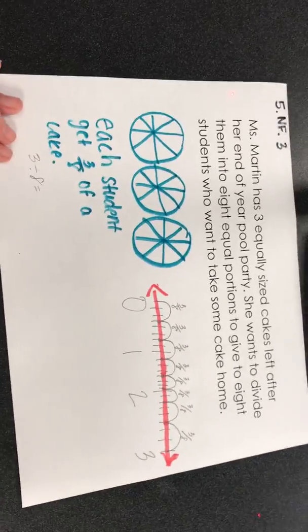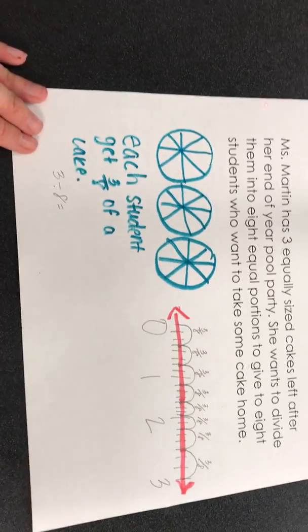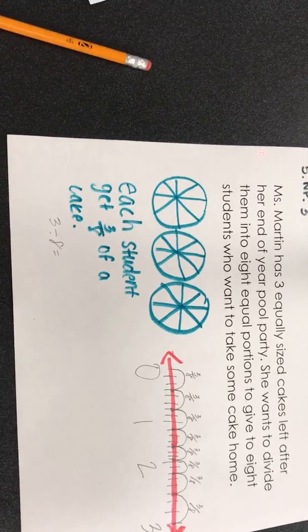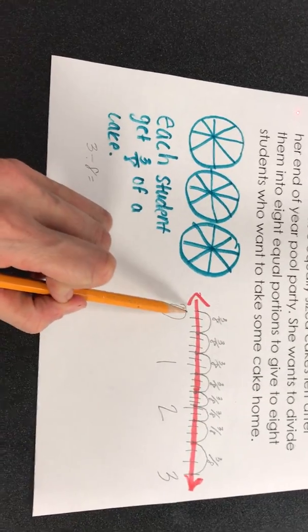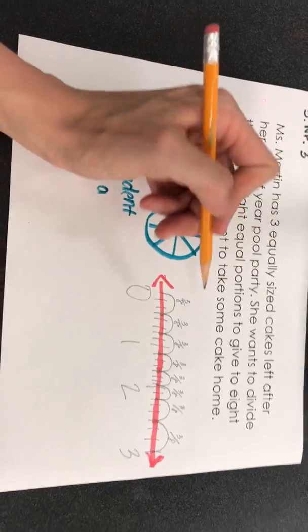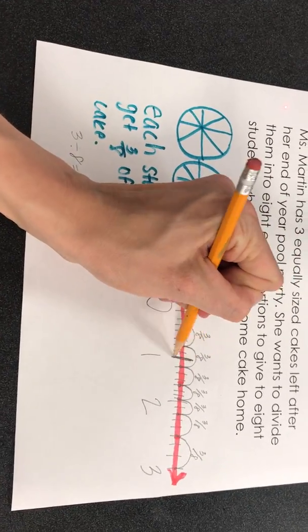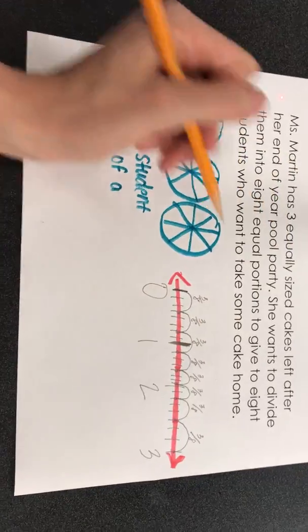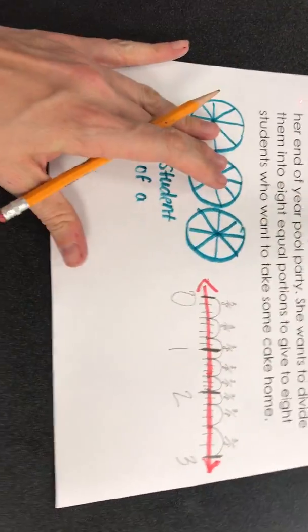The next strategy that I have on the right side in red is the number line. What I did here was I created a number line. I marked my cakes. This is my 0 mark right here. Here's my 1st cake, 2nd cake, and 3rd cake.